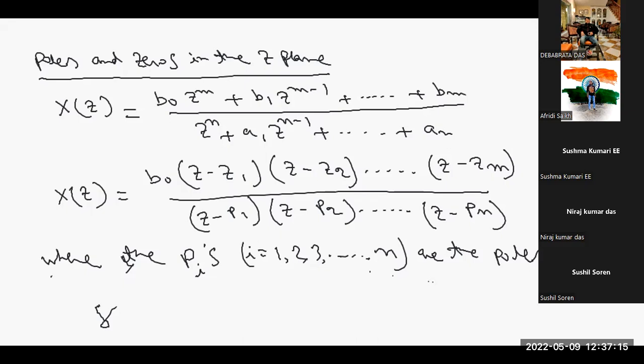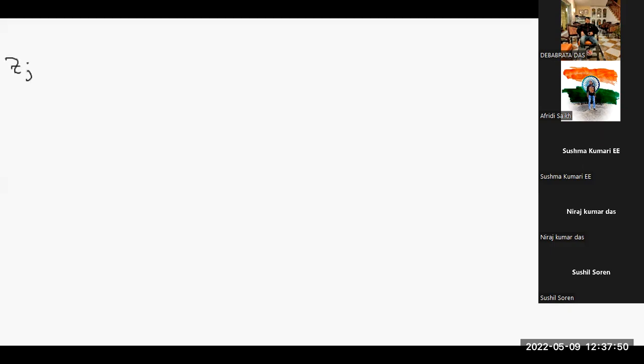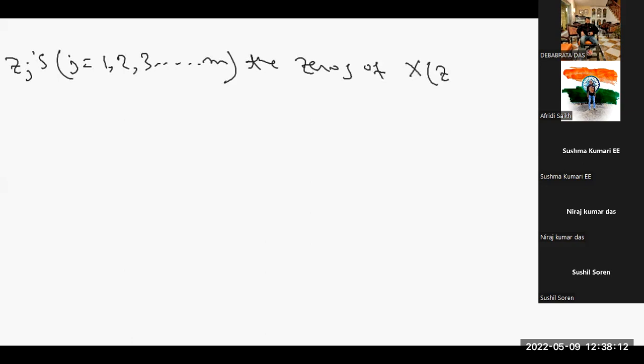These are the different zeros of the function, where j is equal to 1, 2, 3 dot dot dot m number of zeros of X(z).